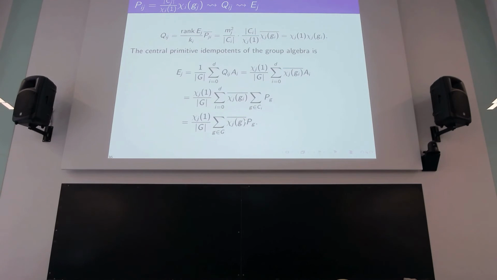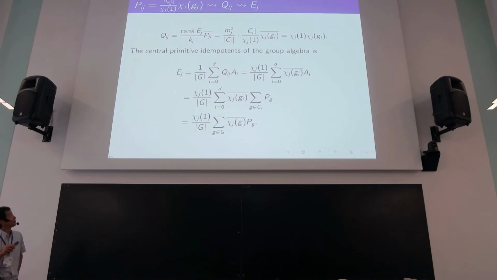So this sum over the whole group is the same as decomposing this sum into each conjugacy class, and because this depends only on the conjugacy class, I can just regroup the permutation matrices over the conjugacy class. So this double sum can be combined into a single sum over all group elements.